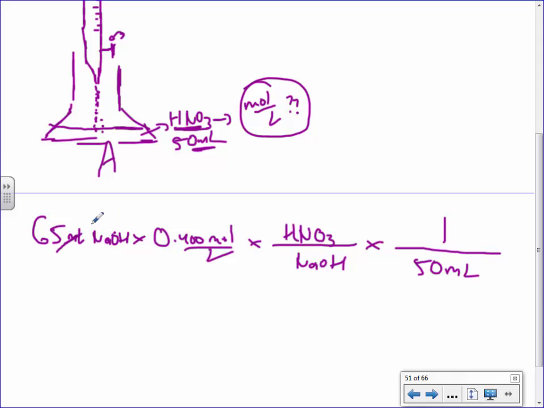This milliliters right here is going to cancel that milliliters right there. You guys see that? The first milliliters I started with, I'm actually not going to use it to cancel this guy right here. I'm going to use it to cancel the very last one. The sodium hydroxide is going to cancel right here. And the only units left that I haven't canceled then are moles and liters, because both of these units right here are still standing.